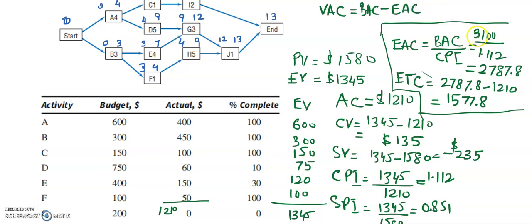Budget at completion was 3100 minus 2787.8. So this is the variance at completion, $312.2.